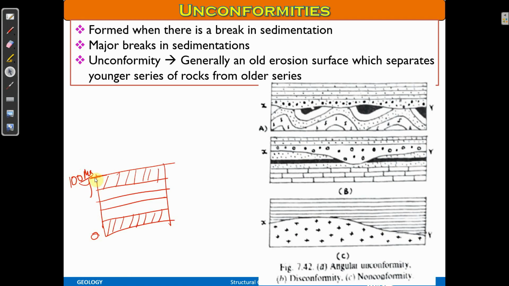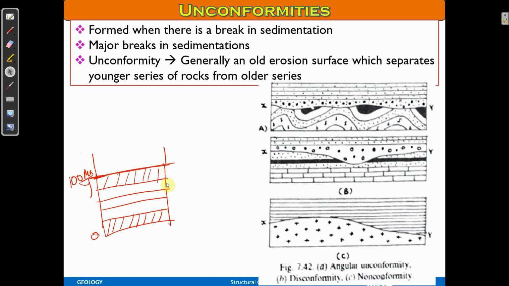okay? So at this point the deposition stopped at 100 million years ago, and for some reason deposition doesn't happen as for now. At this point, consider the deposition is not happening for some reason. The river channel might be changing its direction, or anything can happen. But later, for some reason, the deposition of sediments is happening again.